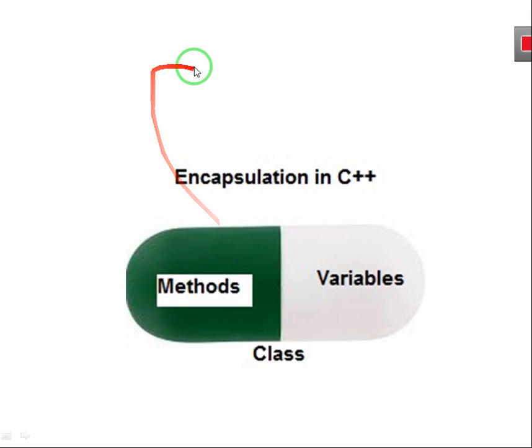Here you can see the picture. This is the shape of a capsule, so it is called encapsulation. In that capsule we have the methods and variables of any class.